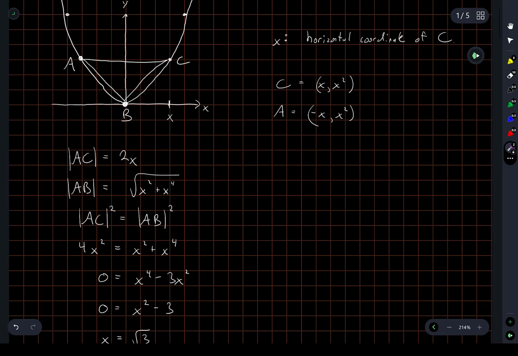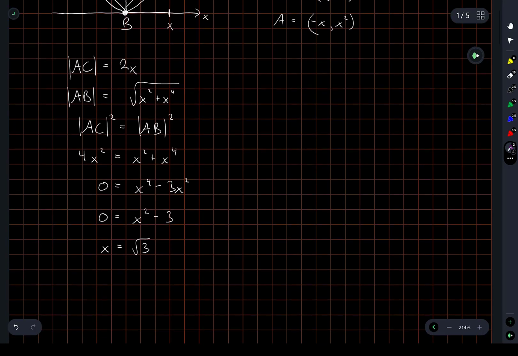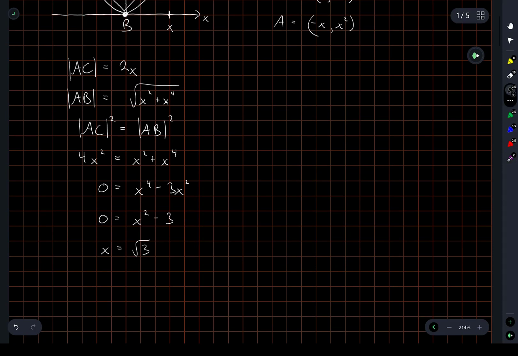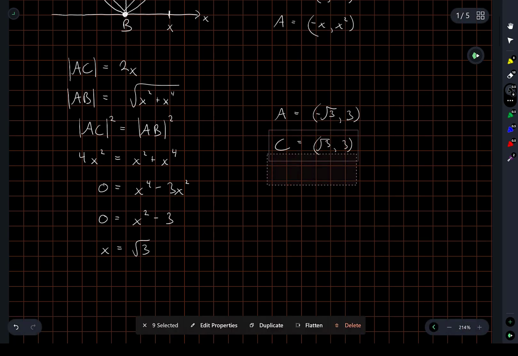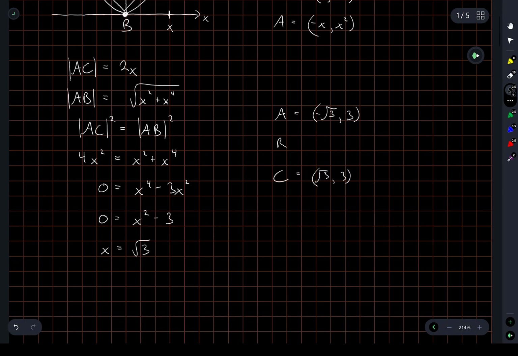But of course, the negative square root is just going to interchange the roles of A and C. Okay. So this means that the point A is at negative root 3, 3. C is at the point root 3, 3. And B is, of course, still at the origin.